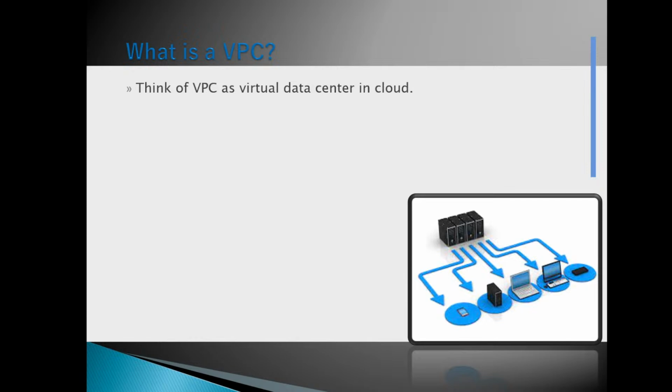It's called a private network. So if you are working on-premise, you can create a VPN, a virtual private network.